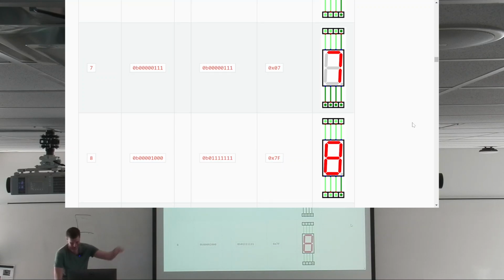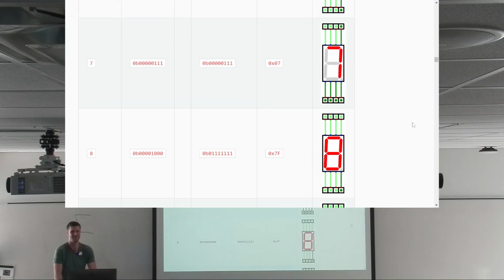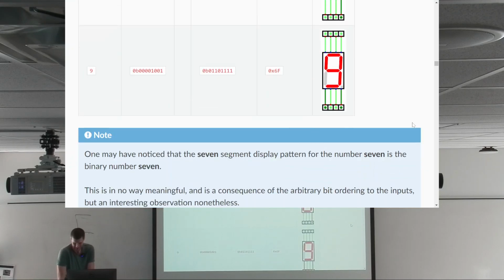It's a little signature. Anyways. So yeah, the 7-segment display pattern for the number 7 is the binary pattern 7. This is not meaningful in any way, shape, or form. It's just a nice little quirk. It really is a consequence of the fact that I picked A to be the least significant bit. I could have done it the other way, then we would have different patterns, of course. But I think that's phenomenal. I love it. It makes me happy.